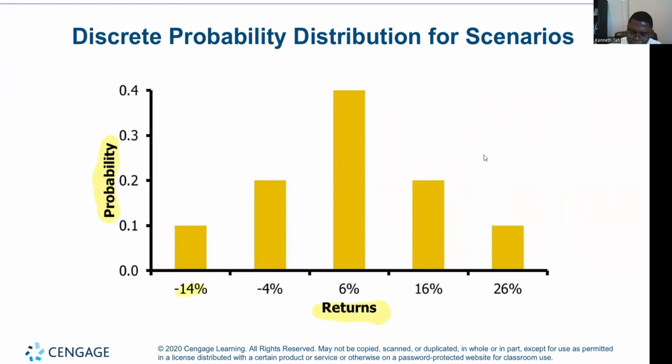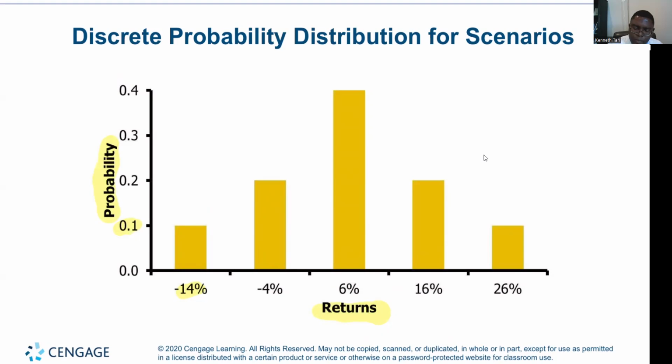The -14 is attached to the 10%, and so on. This is discrete probability because the data can only take certain values. So we can only have -14 with 10%, we can have -4, and attached to that -4 is 20%, and so on and so forth.